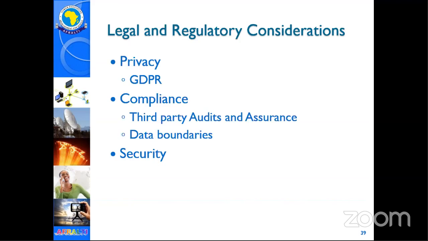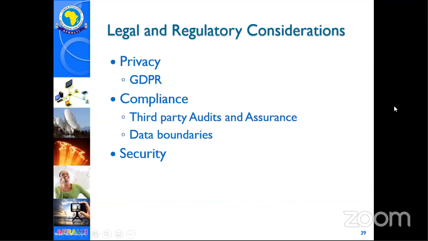Organizations such as Microsoft, Amazon, and all other cloud providers such as Google, they have their systems audited frequently by reputable auditors. And they also share a list of the compliance requirements that they've met in terms of security, in terms of privacy, and all that.